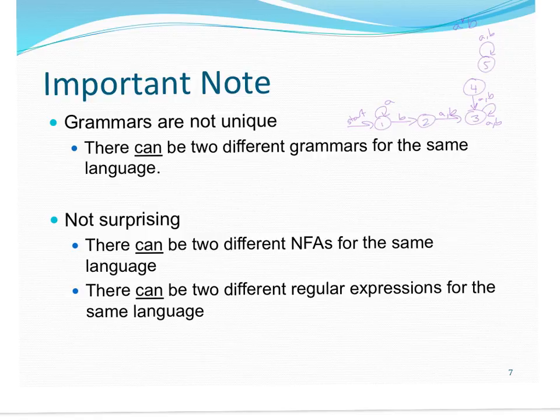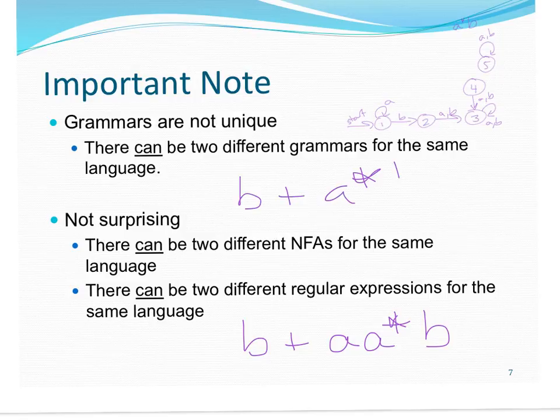So another regular expression for A star B is B plus A star B, right? So you can have a B on its own, or an A followed by 0 or more A's followed by a B. I mean, that's a regular expression. Another regular expression for the same language is just B plus A star B, right?